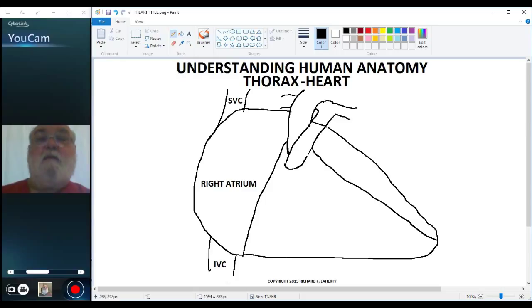And that sac-like appendage is called the auricle. And if we look at the right auricle, it will stick out kind of like so from the atrium. So again, let me do some erasing to clean up the diagram.